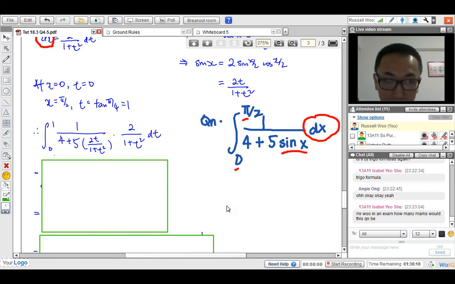Okay. Are we comfortable? This next line, we substitute our dx. This was our dx. This 2t over 1 plus t squared was our sine x, and the 4 and the 5 are the same. And we don't forget to change limits.